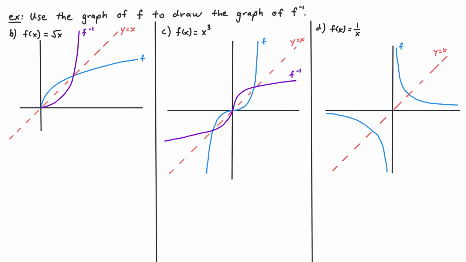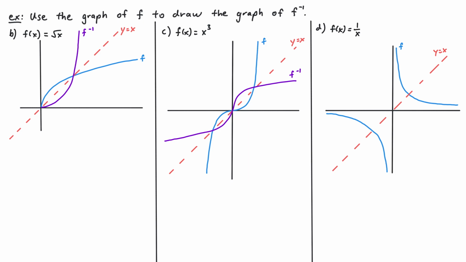Now, if we look at our function f, we see that our graph is symmetrical about that diagonal line. Any point that we have on one side of the diagonal line, we see its mirror image on the other side. Take a point over here, we see its mirror image on the other side of the diagonal line.